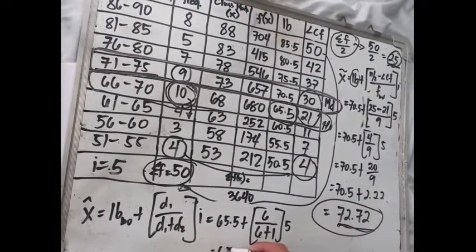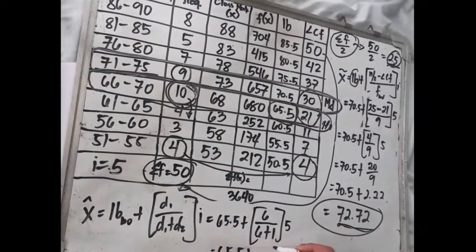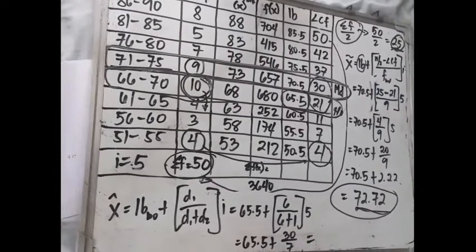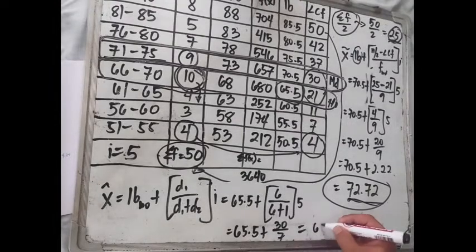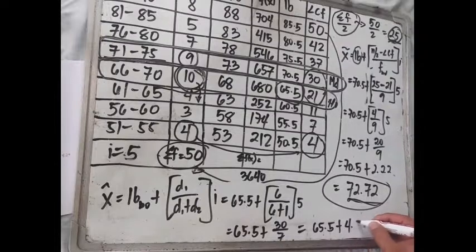So that is 65.5 plus 30 over 7. And that is equivalent to 30 over 7. So that is 65.5 plus 4.29, and that is equivalent to 69.79.